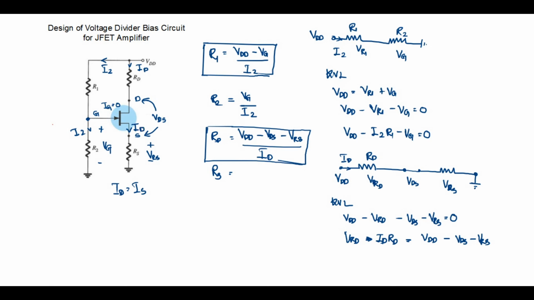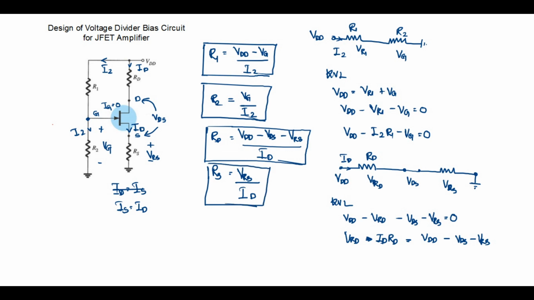So I can simply say RS is VRS divided by ID. So this is how we obtain R1, R2, RD and RS of the voltage divider bias circuit based JFET amplifier.